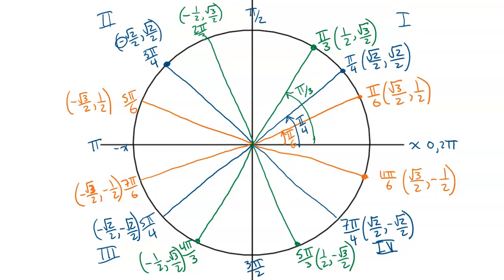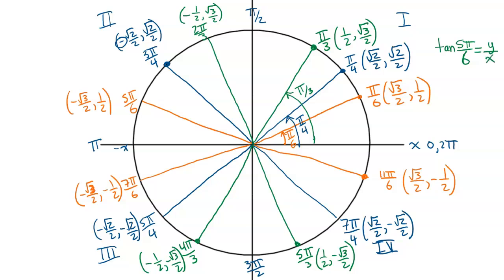So anytime you have cosine of any of that, you can pull that out. And anytime you get a tan, then you can just say, well, tan, for example, of, let's say, 5 pi over 6, that's going to be equal to the opposite, which is y, over the adjacent, which is x.